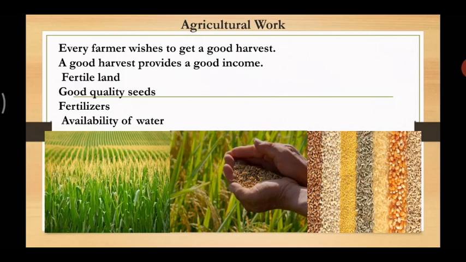So now, what are the requirements for a good harvest? A good harvest needs fertile land, good quality seeds, fertilizers, and availability of water. These things are very important for a good harvest.